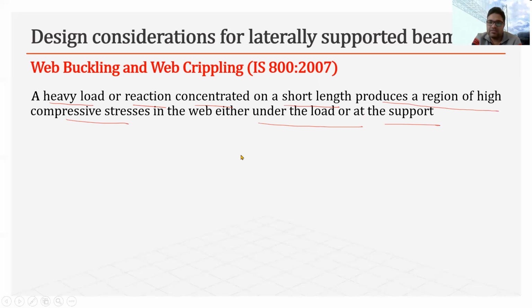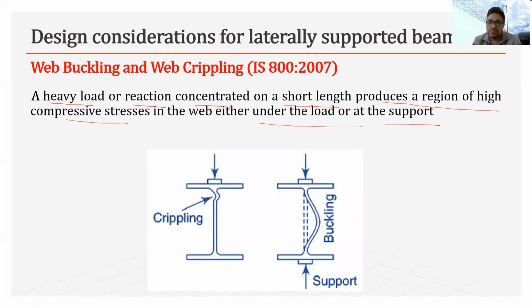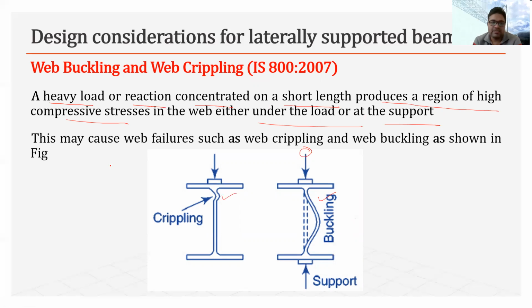So in that region, the beam web may buckle or it may cripple like this. As I said, this may cause web failure such as web crippling or web buckling.